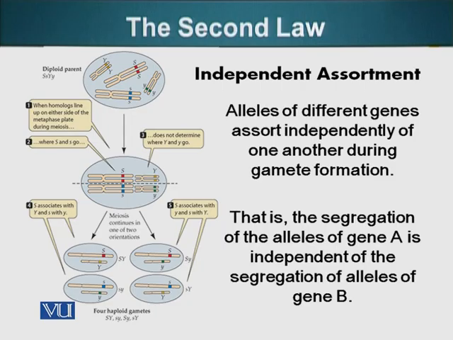These two traits, these two characters, are located on different chromosomes. So S is located on one homologous chromosome and Y is located on a different homologous chromosome. So in a diploid state, a heterozygous individual will have capital Y, small y, and capital S, small s.